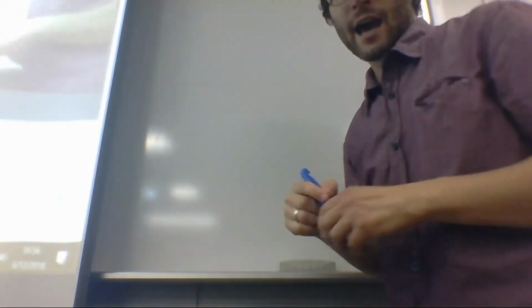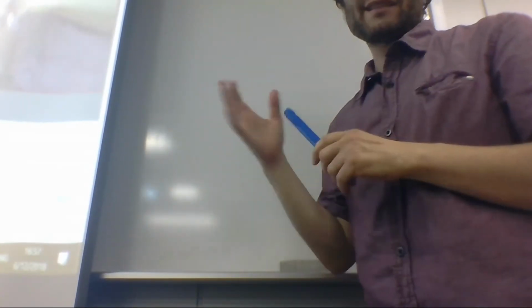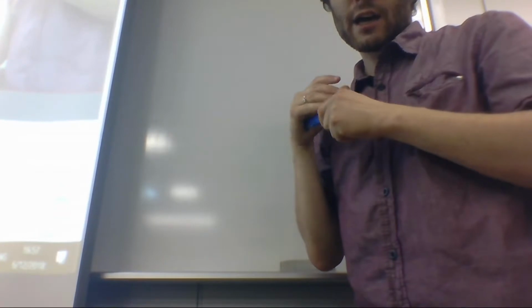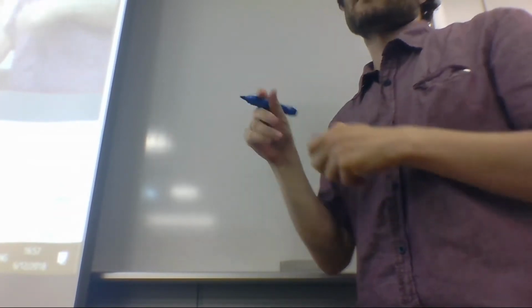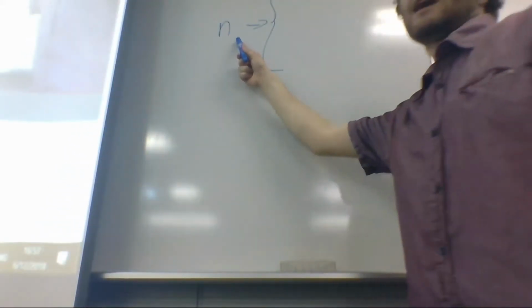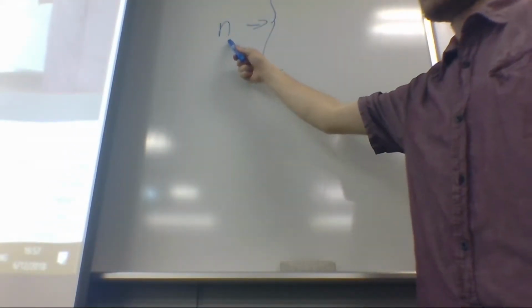So the Collatz sequence is as follows. If you're given n as a number in the sequence, the next number in the sequence is n divided by 2 if n is even.